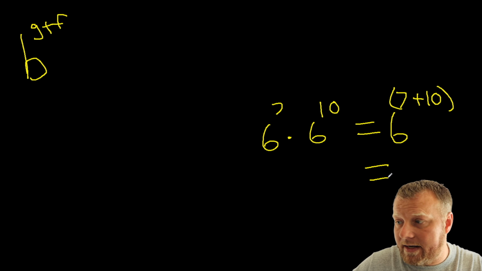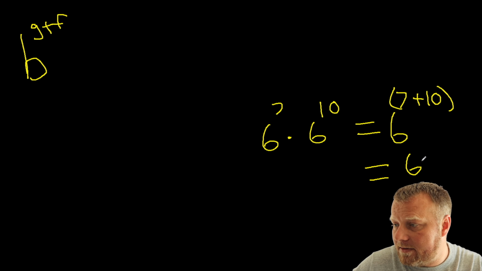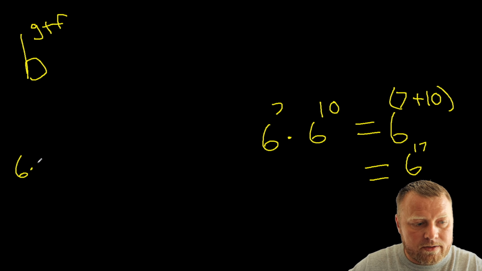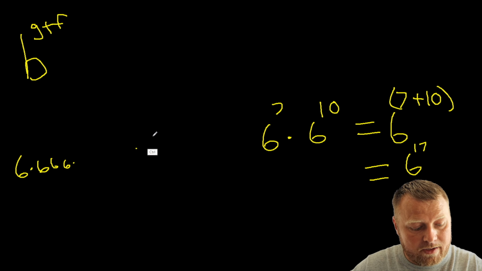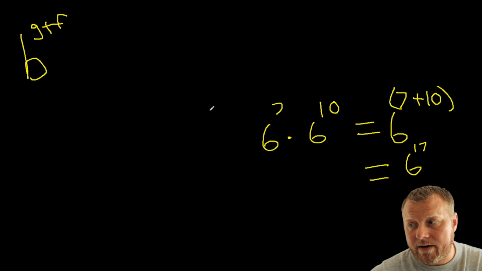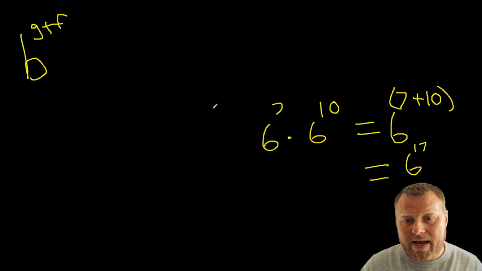Got it? So what does that equal to? Is it equal to 6 raised to the 17th power without any of that extra work? We didn't have to do 6 times 6 times 6 times 6 times 6 times 6 17 times to come up with that, right? So that's the power of finding these patterns and generating algebraic expressions to represent those patterns.